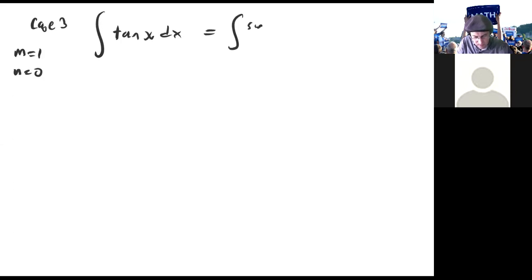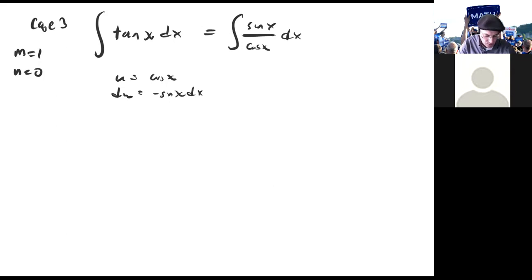You express tangent of x as sine x over cosine of x. And then you let u equal cosine of x, and then du is negative sine x dx. We don't have a minus sine x in the integral. We have a sine x. So it's minus du is sine x dx. That's the better way to write it.